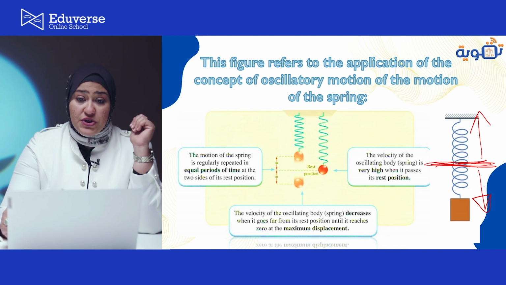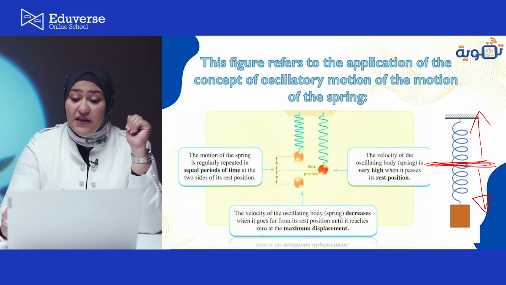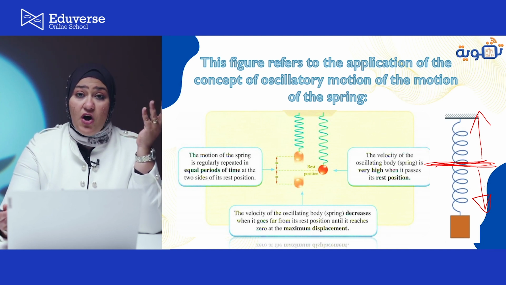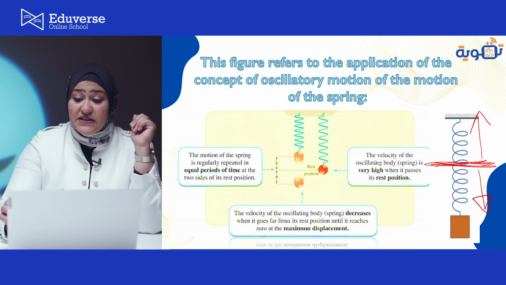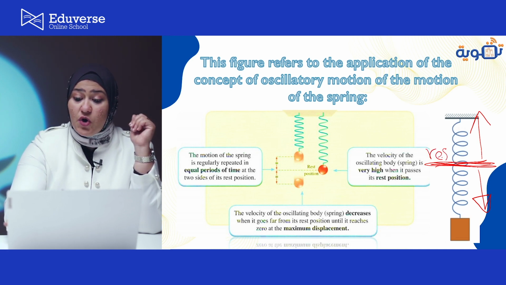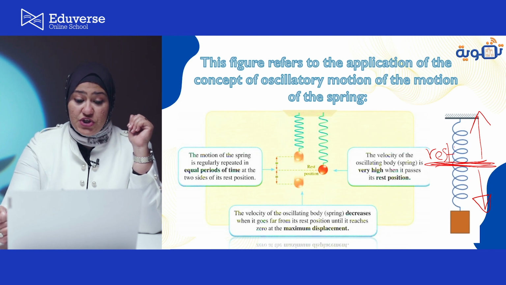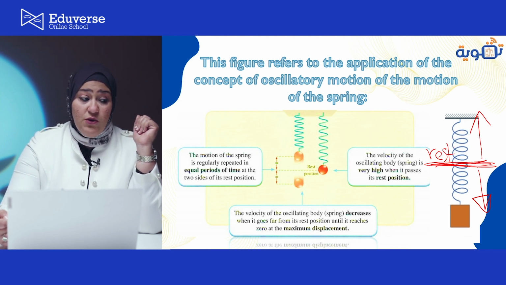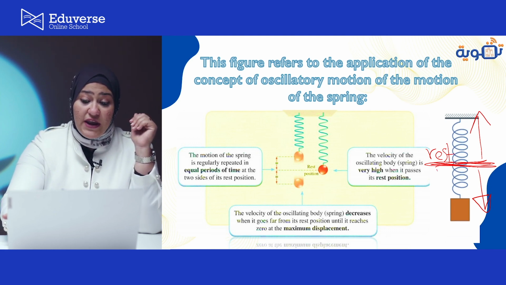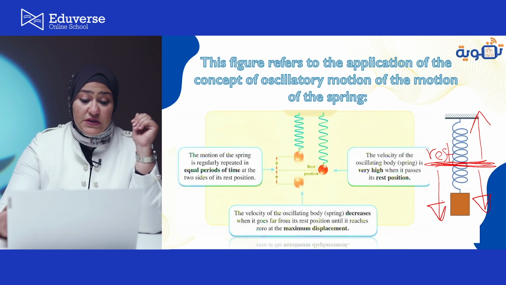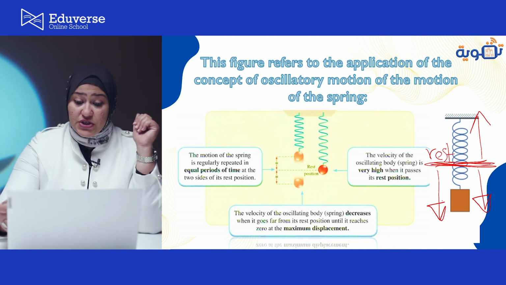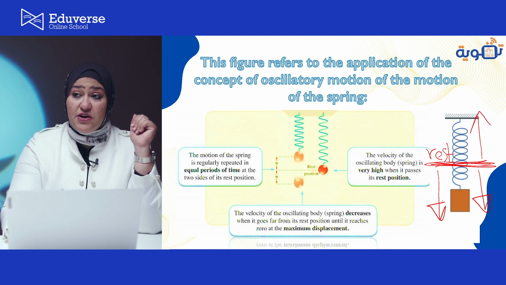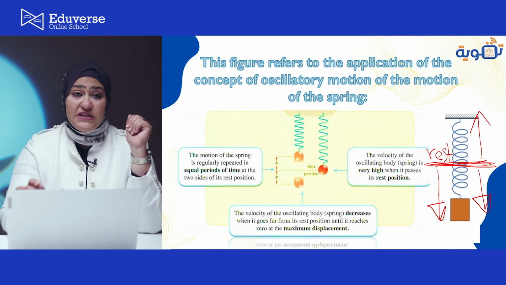Of course, the velocity of an oscillating body is very high when it passes the rest position. And what happened when it moves away from the rest point? Of course, the velocity decreases until it reaches zero at maximum displacement.